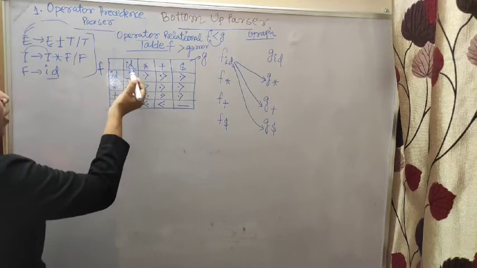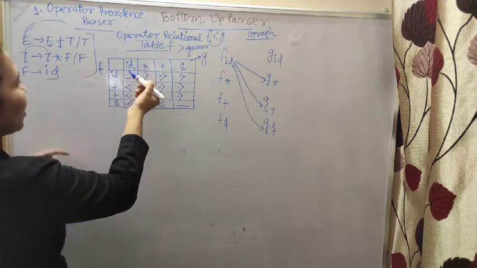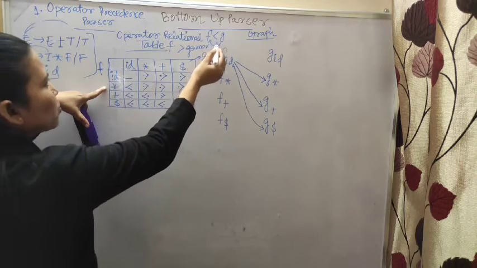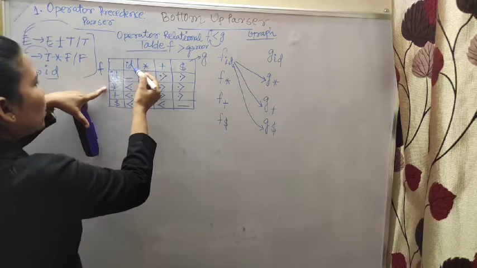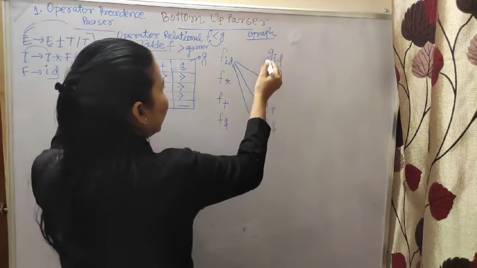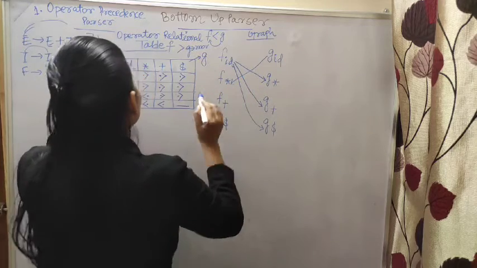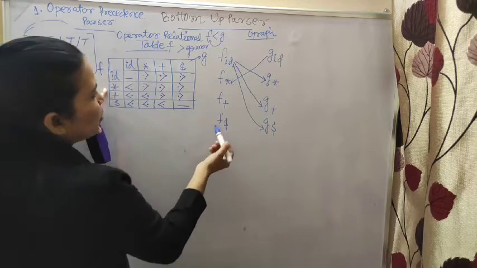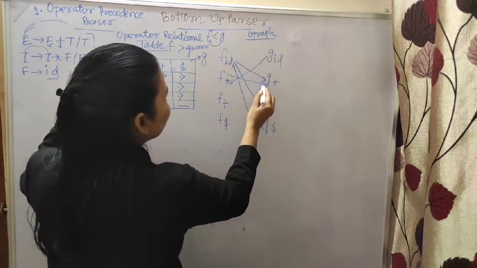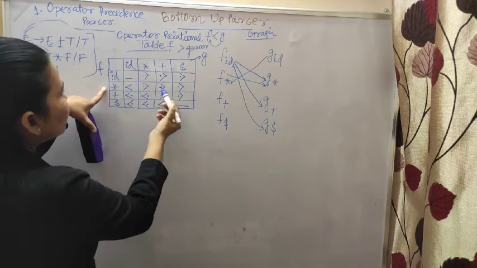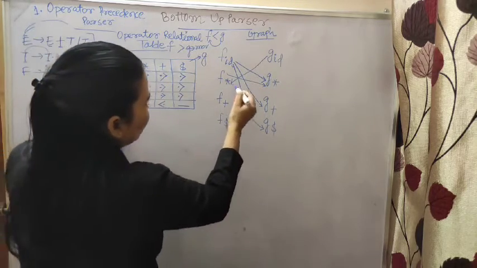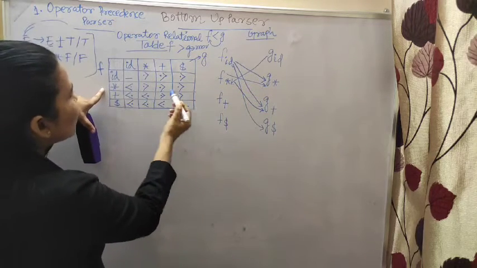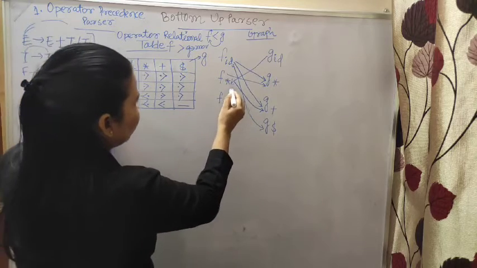So look at F star with ID: it is less than, so GID will come to F star. Now F star is going to G star, F star is going to G plus, and F star is going to G dollar.